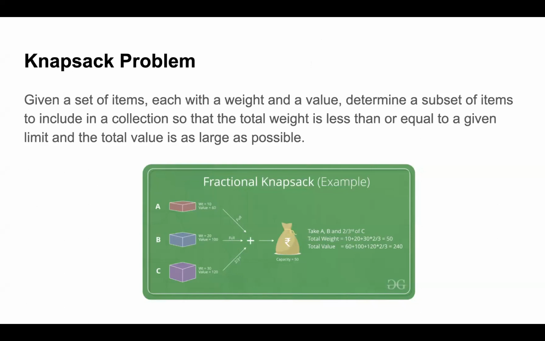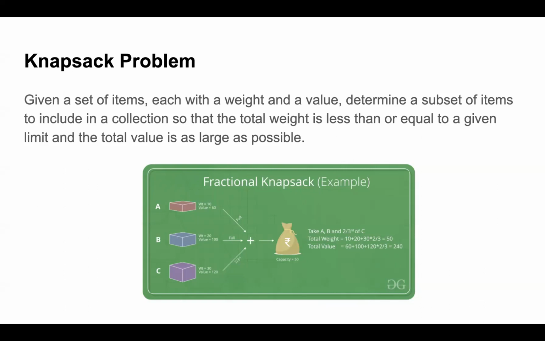When we add 10 to the knapsack, how much capacity remains? 40. Okay, so 20 is less than 40, so it will go in this knapsack. A will be full, B will be full. Now the knapsack has 10 plus 20 equal to 30, and the remaining place is 20.